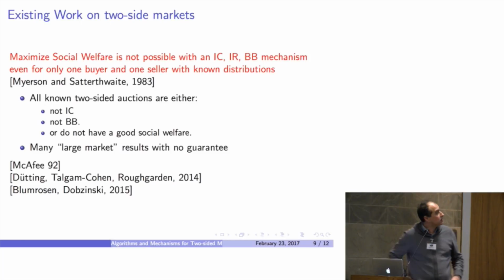In some recent work motivated by this application, we proved with a set of collaborators from different places that it's actually possible to achieve all these properties if we are willing to give up a small fraction of the social welfare.